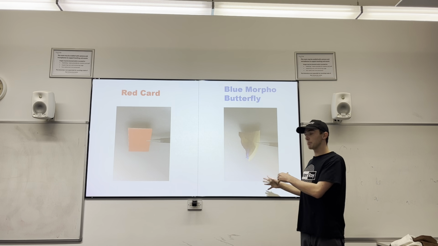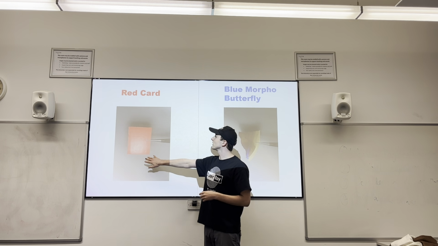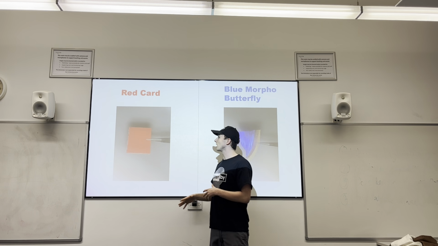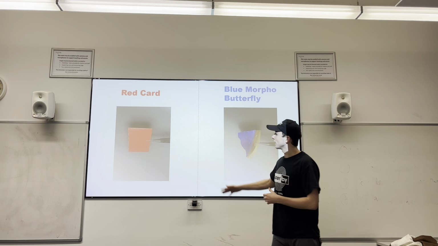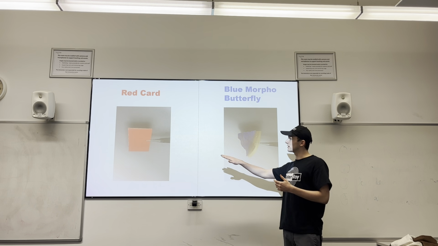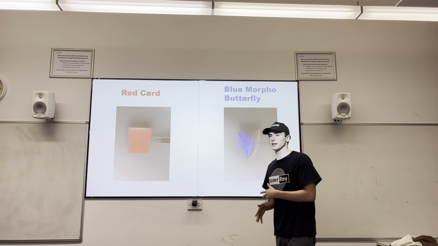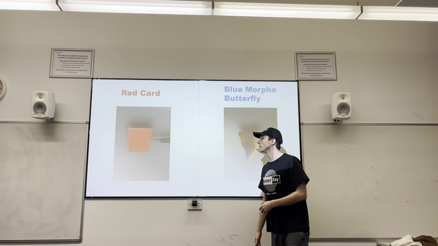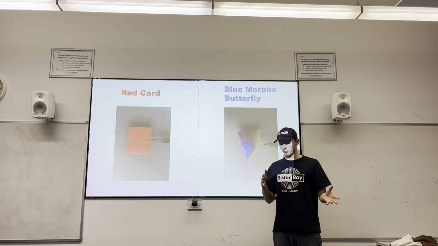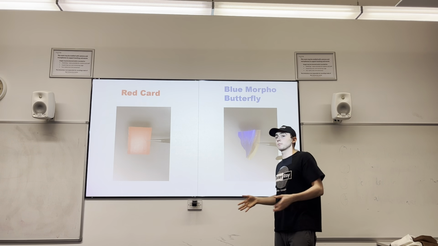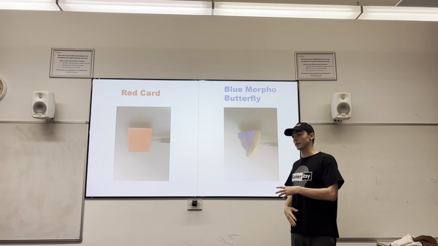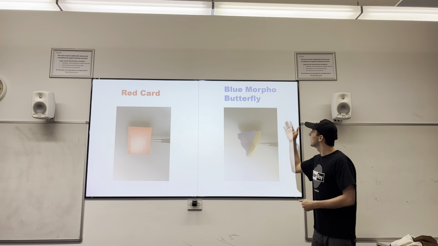So let's have a comparison between the two. On the left-hand side here, we have a red card, which is coloured by a red pigment, and you'll see that as we change the angle of incidence of light upon the surface, the wavelength of light doesn't really change, it stays red. That's because the colour coming from the pigment doesn't depend on the angle of the light incident on it.